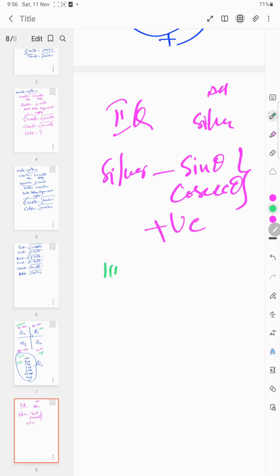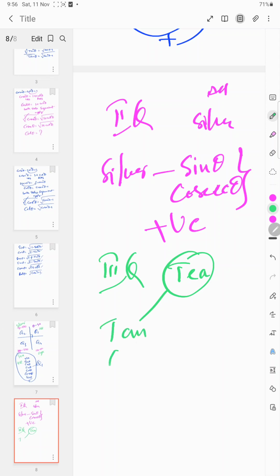In the third quadrant, Tea means tan and cot are only positive.